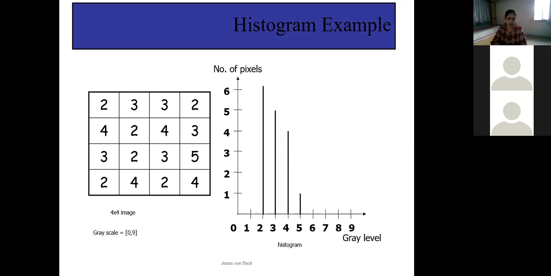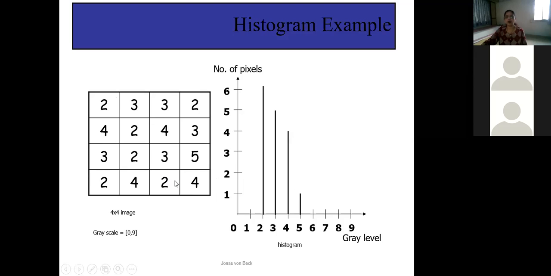Now answer my question. Say again, I have the same image, say a 4x4 image with grayscales 0 to 9. Okay, and say half of my image is black, meaning this half portion is taking 0 values, and this half portion is taking the highest intensity value, that is, it is full white.